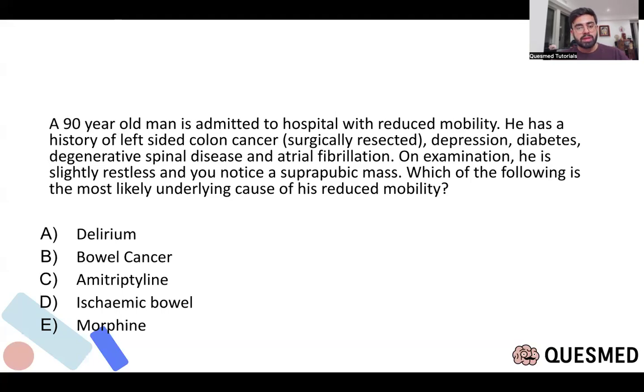So when you think about things that are in the suprapubic region, especially in a man, you might be thinking maybe it's the bladder. If someone's very restless and they've got a bigger bladder, that makes sense, right? Someone will be very uncomfortable if they've got an enlarged bladder. Is this someone who's got depression and maybe on medication for it?